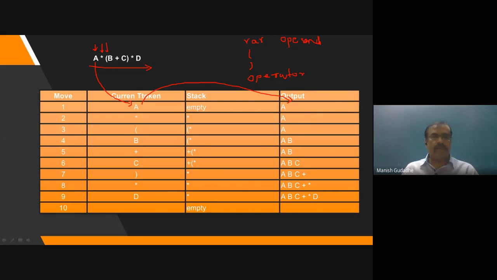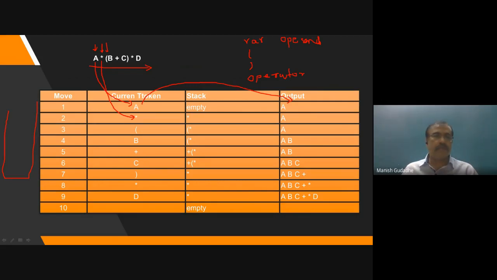Now what is next? Next is an asterisk symbol. That is an operator. If it is an operator, we need to push it onto the stack. But before pushing it, we'll check something. What exactly are we going to check? Now we'll draw a stack here.